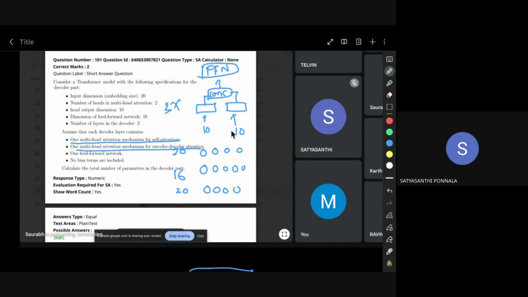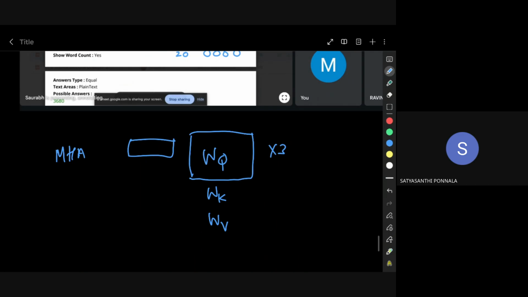The input dimension is 20, so my input, which is this, is 20. Now I think I'll get Q here, and I'll get Q transpose K of size 10 only.